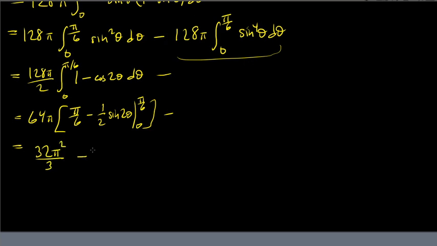And then minus 32 pi. And then when you plug in pi over 6, you get sine of pi over 3, which is the square root of 3 over 2. When you plug in 0, sine of 0 is 0. So at least for the first integral here, I think we get this much: 32 pi squared over 3, minus 16 pi times the square root of 3.